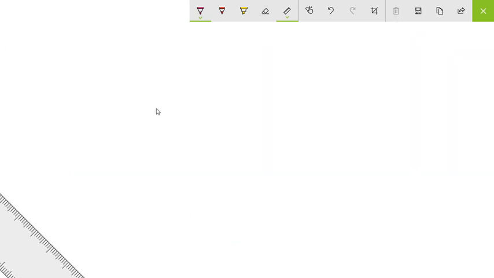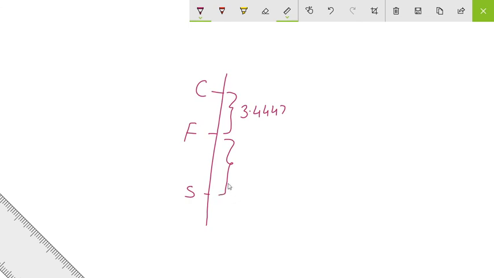So this is the chromosome on which here is C, here F and here S. The distance between C and F is 3.4447. The distance between F and S is 18.2447.